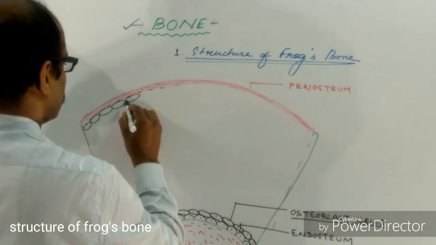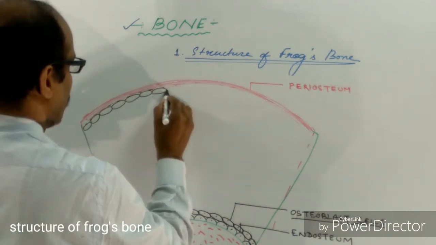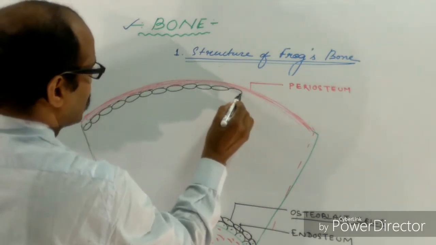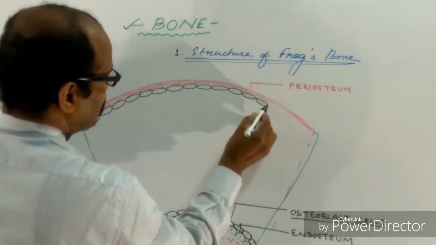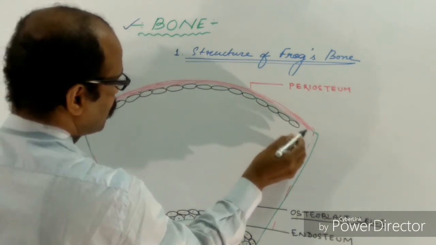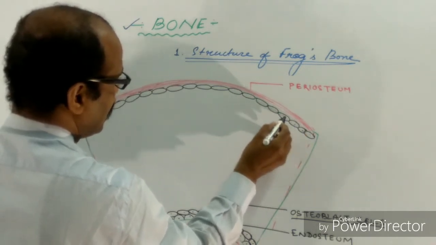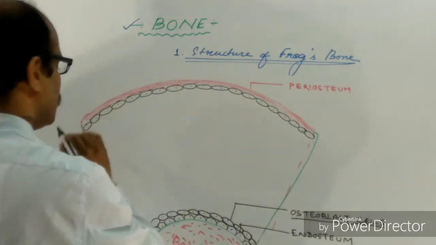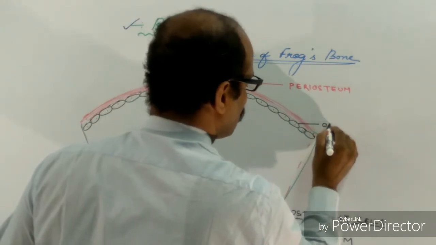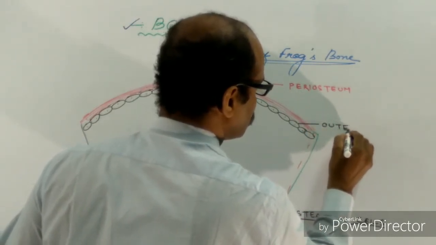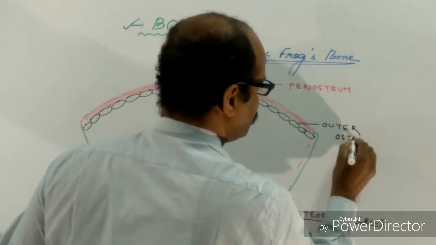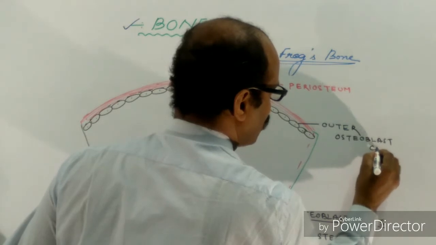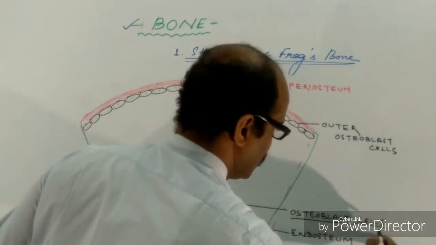This is the outer osteoblast layer, and this is the inner one.